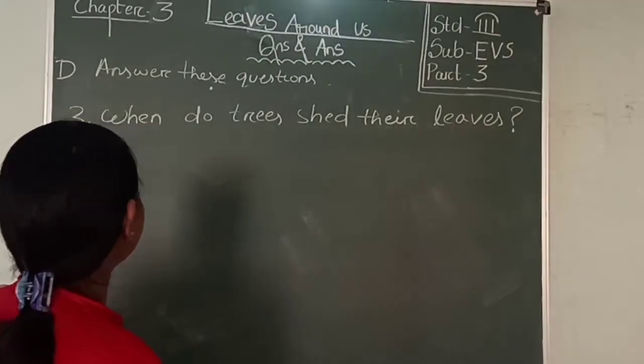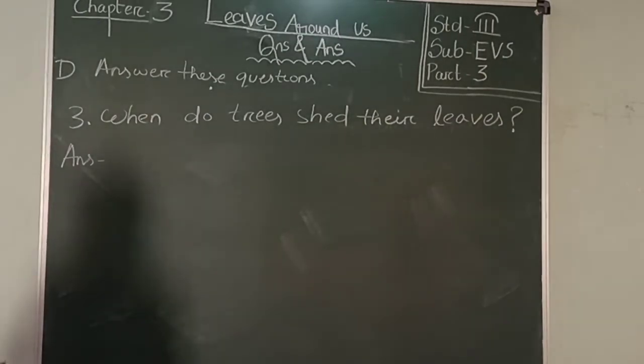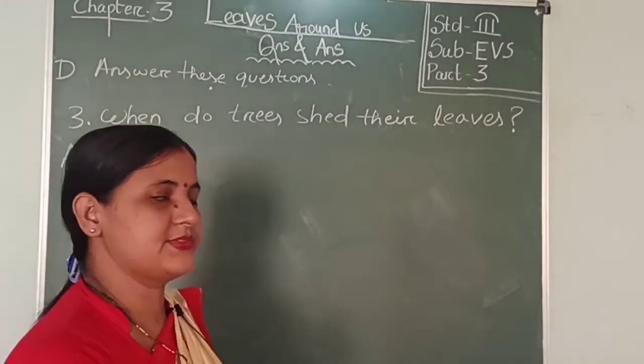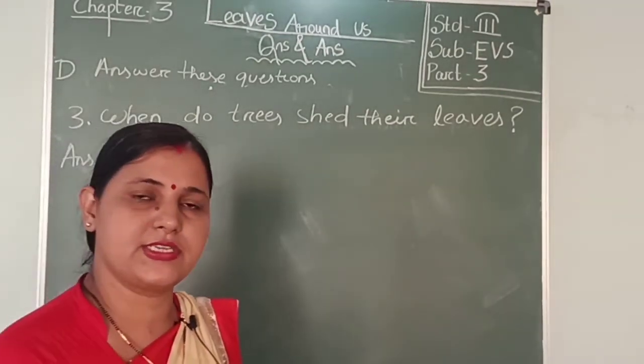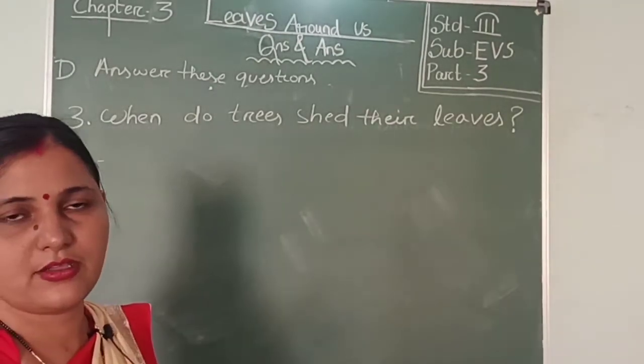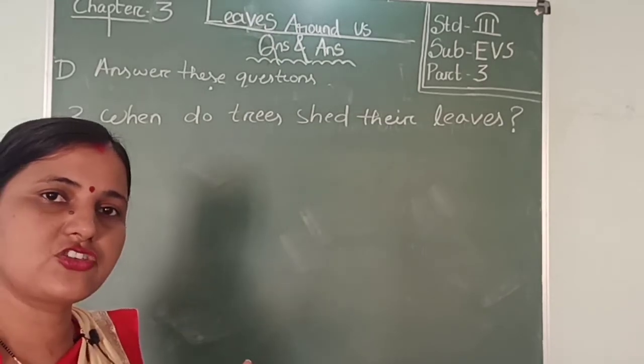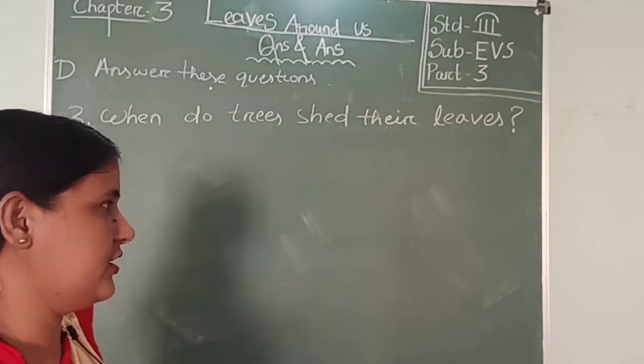Your question number 3 is, when do trees shed their leaves? Trees shed their leaves once a year, and some trees shed their leaves when they do not get enough water, and some trees also shed their leaves throughout the year. Okay.